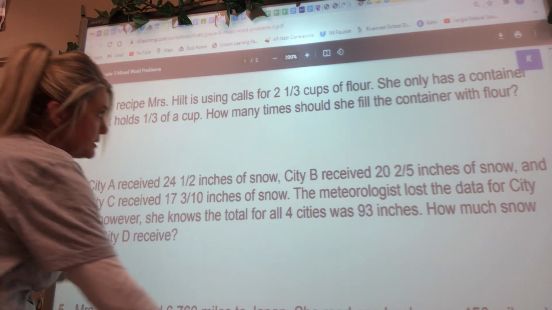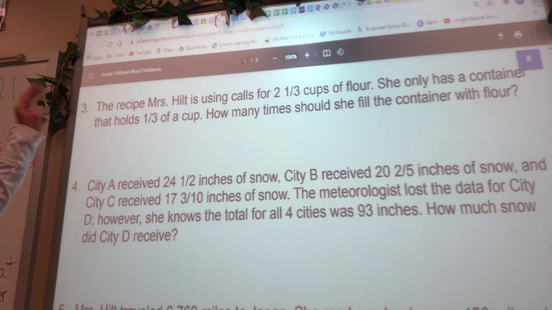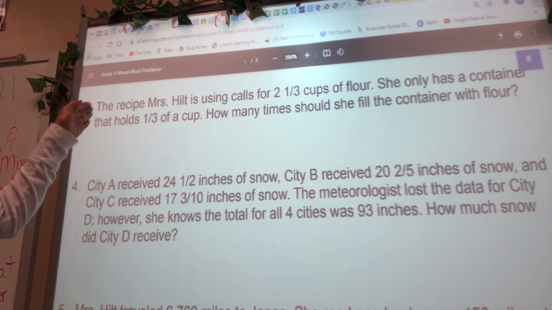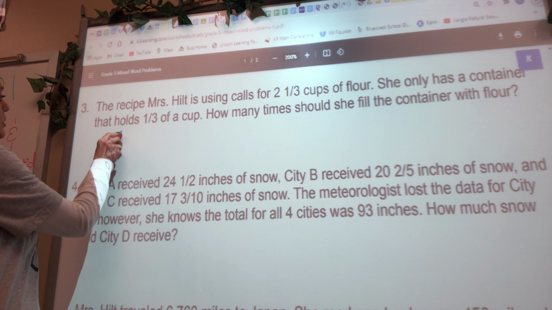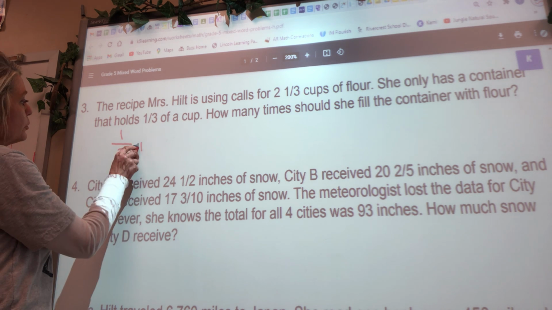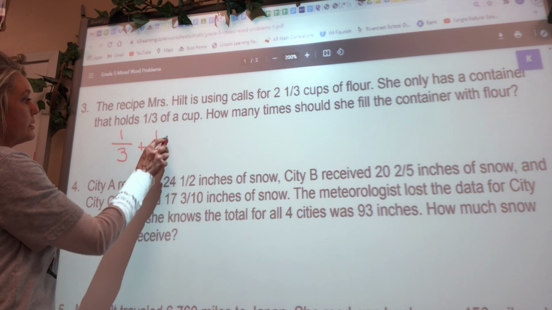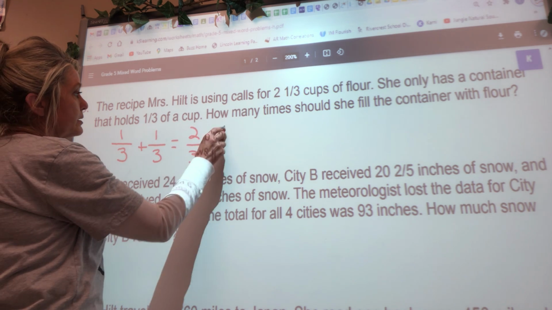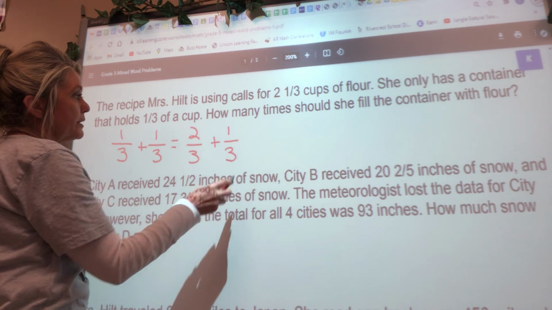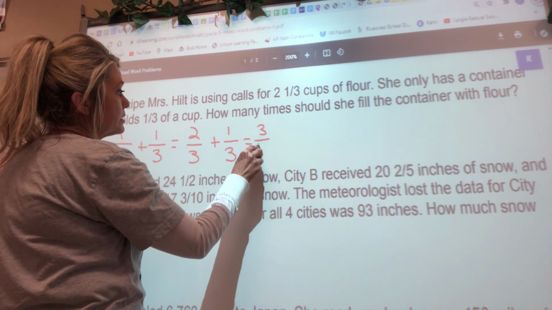Another way to do it is we could add 1/3 cups until we get up to 2 1/3. So if we have 1/3 and we add 1/3, then we have 2/3. If we add another third, we have 3/3.